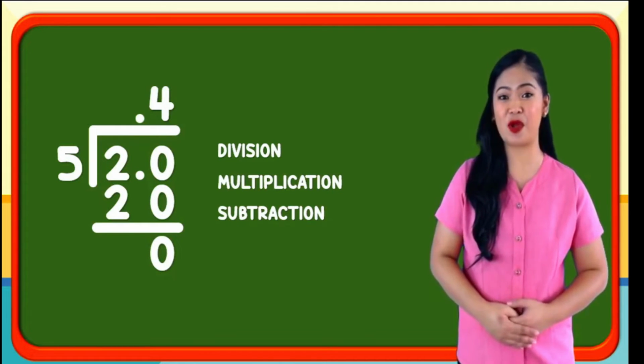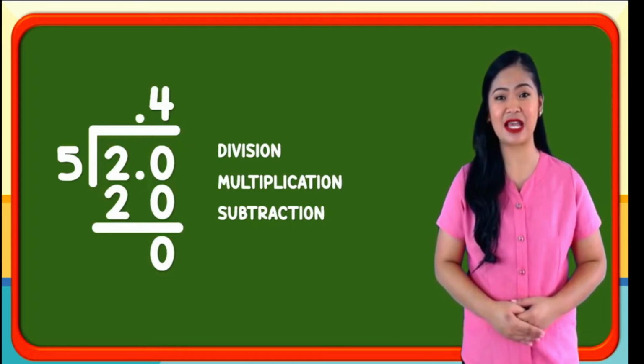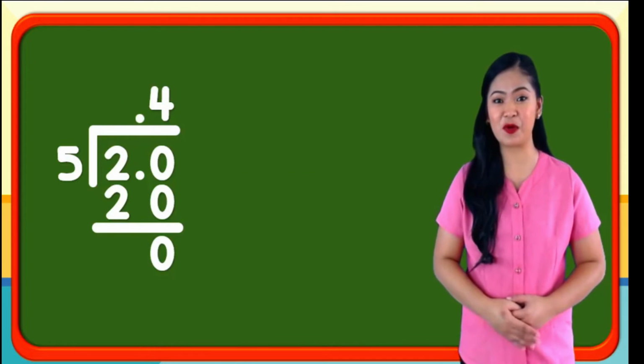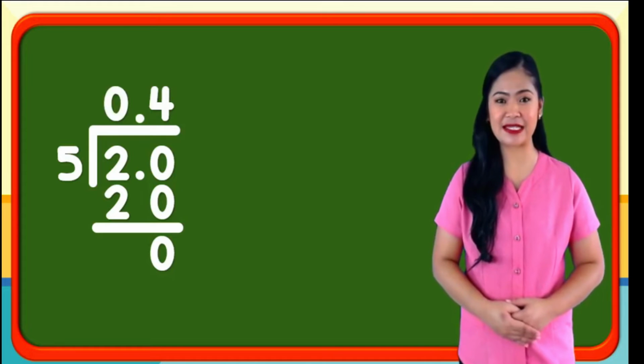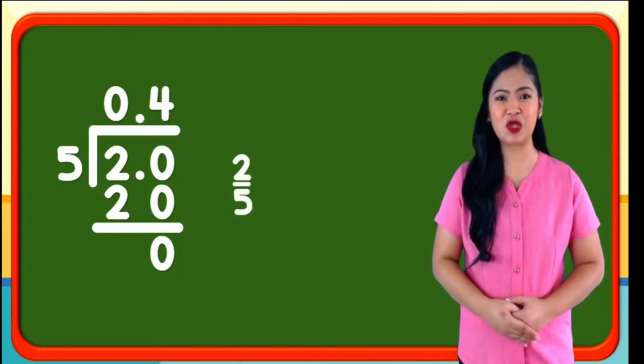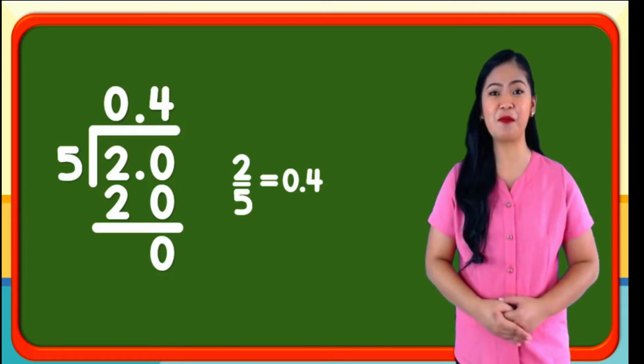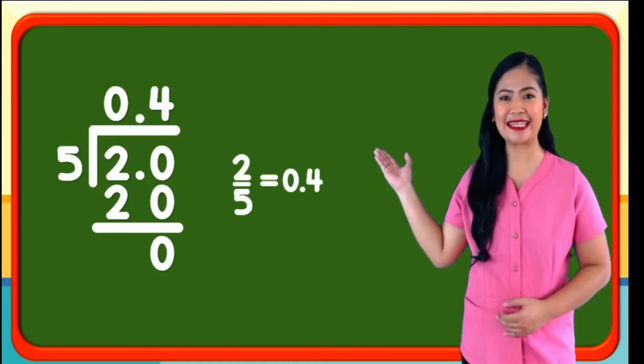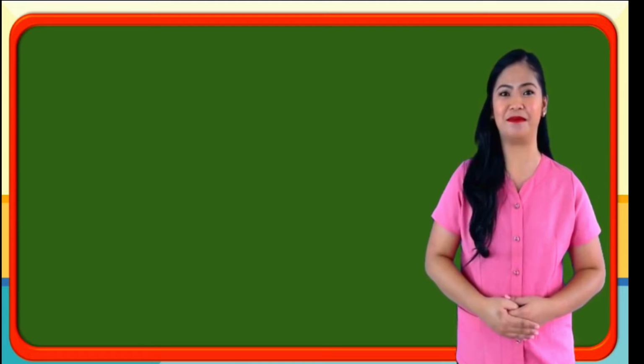Since there is no number written in the units place, we're just going to write 0 before 4. That makes it 0.4. Therefore, 2/5 is equal to 0.4 or 4/10 in decimal form.